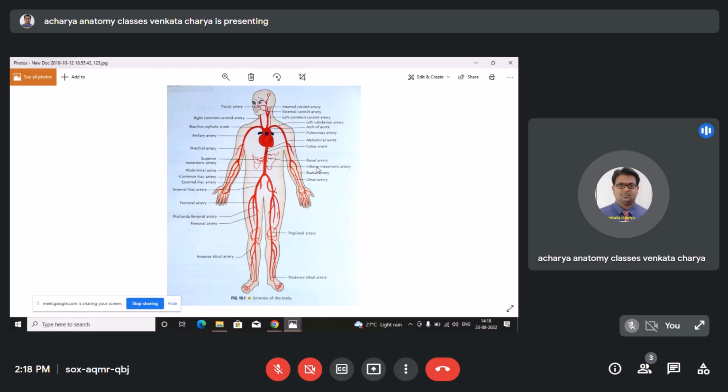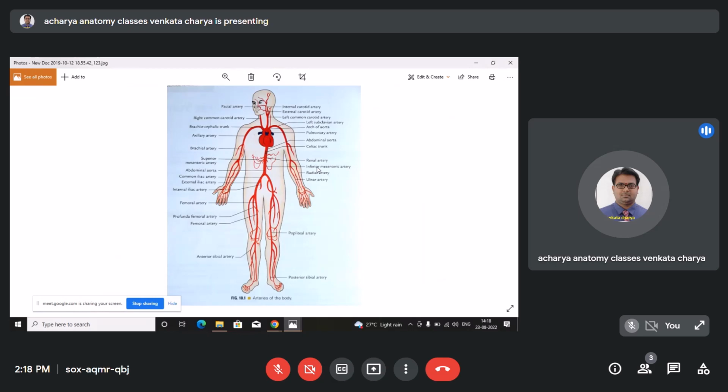Whenever the right atrium is filled with blood, some blood directly enters into the left atrium through the foramen ovale. Are you getting? So it's one way. Another way is the tricuspid valve.